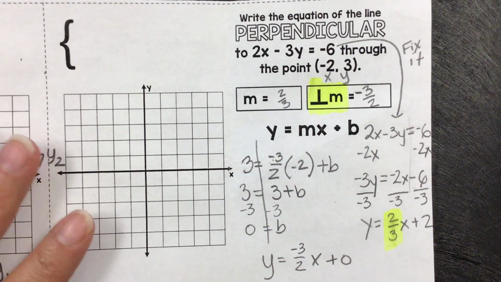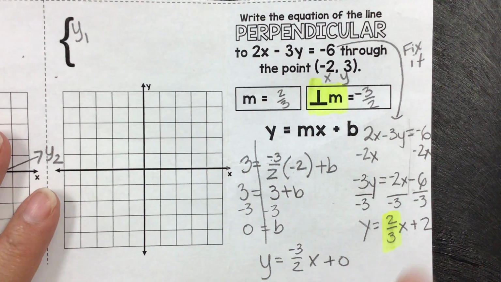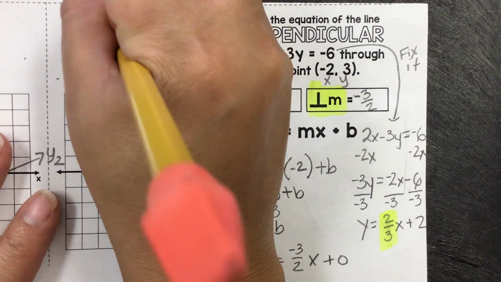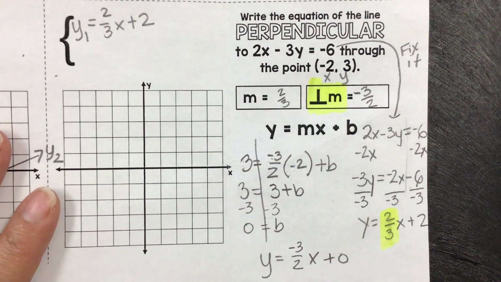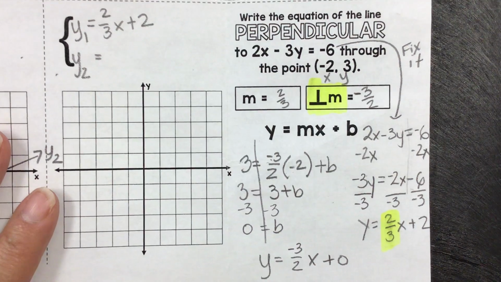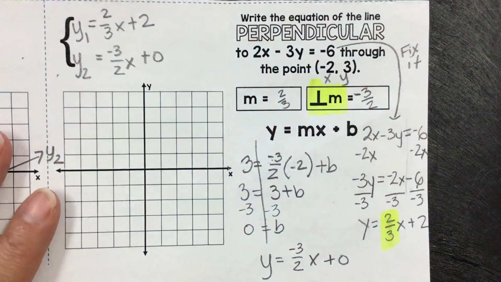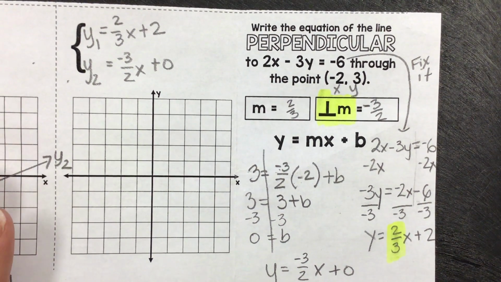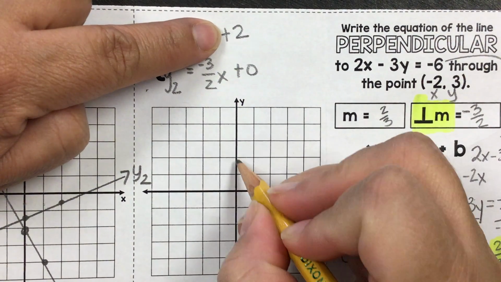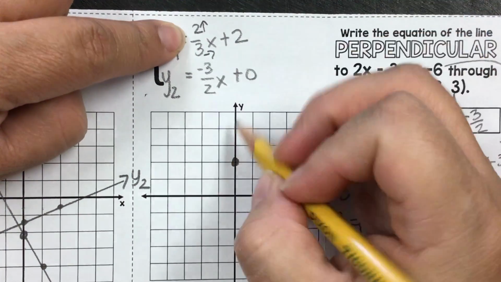The two equations that we have to graph, the first one is the one we had to solve for. So that equals 2/3 x plus 2. And the second one is the one we solved for, which is a -3/2 x plus 0. We're going to start with this one. We start at a +2. We go up 2 to the right 3.